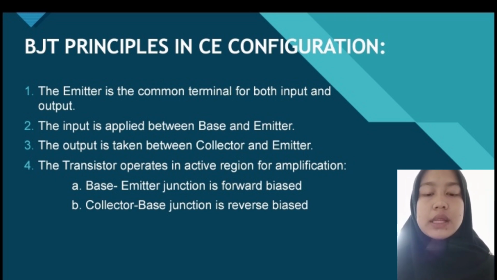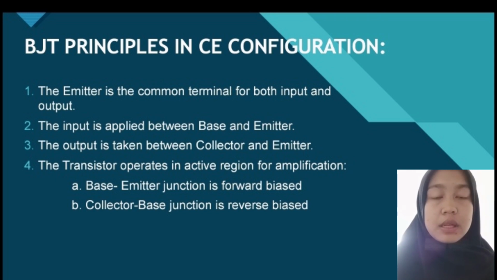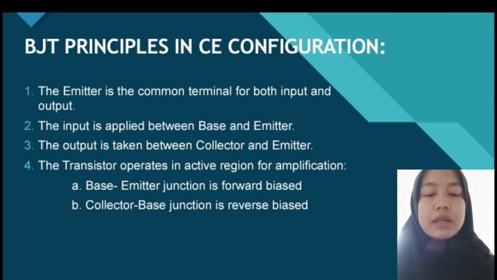The second one is the input is applied between base and emitter. The third one is the output is taken from collector and emitter. The last one is the transistor operates in the active region of amplification. For the first, the base emitter junction is forward biased and the collector base junction is reverse biased.